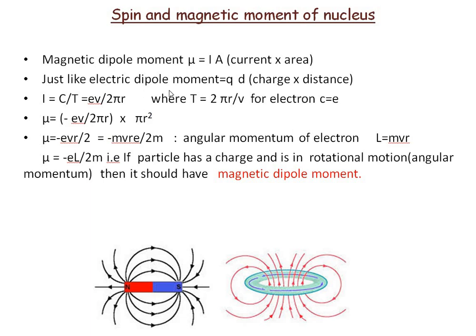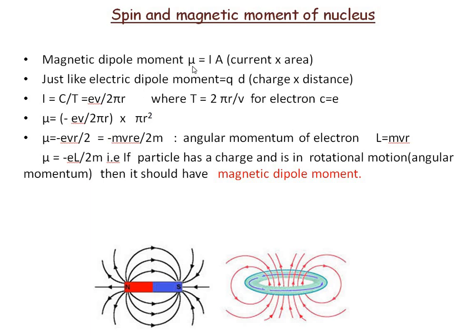So magnetic moment. We know that the electric dipole moment of a charged particle is given by q into d. If two equal and opposite charges q are displaced by a small distance d, then the electric dipole moment is equal to q into d, that is charge into distance. In the case of a magnetic dipole, it has a north pole and a south pole.